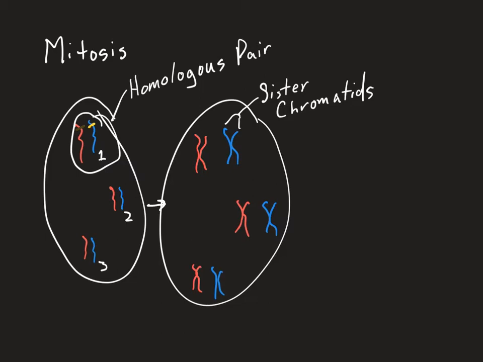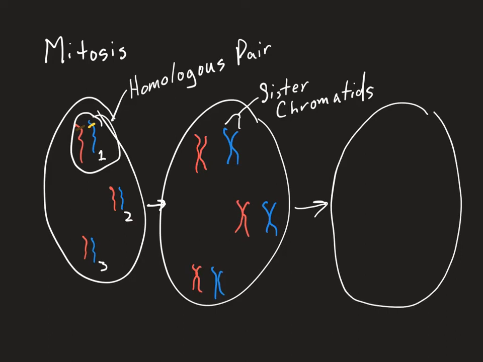All right. So now that we've got replicated DNA, we're ready to start mitosis. But let's skip a couple steps and get right to metaphase. This is metaphase. Here's the metaphase plate. And during mitosis at metaphase, each of the chromosomes will line up right on that plate.